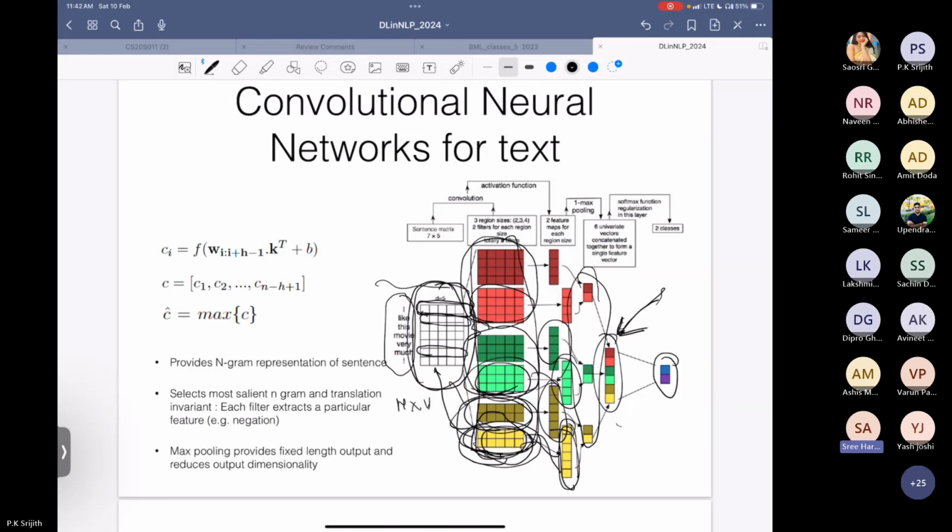Yeah, but each feature map would be of size v, is it? That's before pooling. After pooling, it will be just one, I think. Before pooling, it depends upon the stride length also. It depends upon the size of this filter also. Maybe you can think of something like V length if your filter size is 2 and stride length of 1. If your stride length is higher, that size will be even smaller, right?